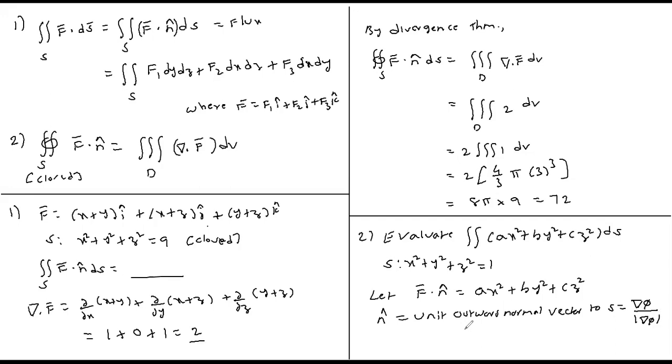And what is the surface equation? We always see the surface equation as phi of xyz equal to c, right? Therefore, when you compare these two, phi equals x square plus y square plus z square. Okay, shall I proceed?